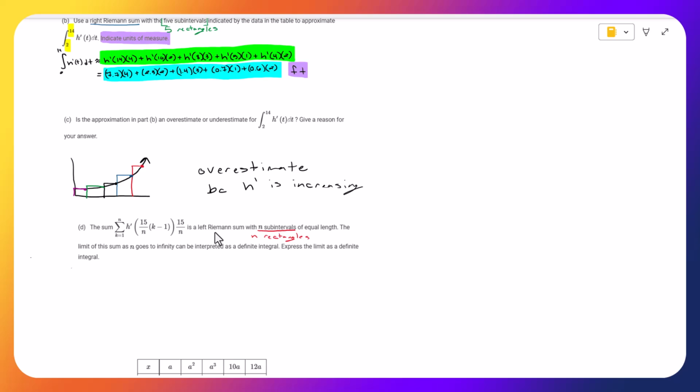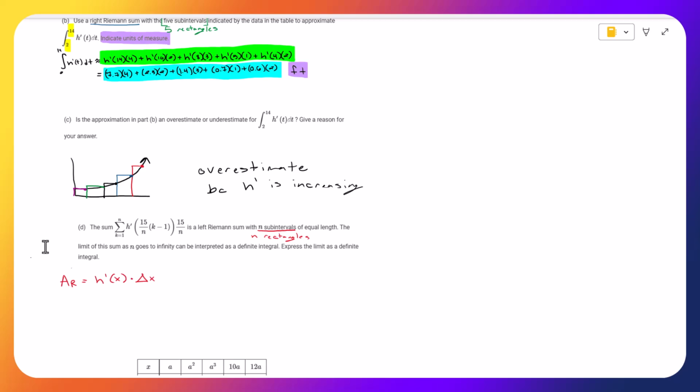And so the area of a rectangle, and I'm going to use our fancy notation, not the simple notation, is our function value, so h prime of x times our delta x. This is our fancy notation for the area of a rectangle.